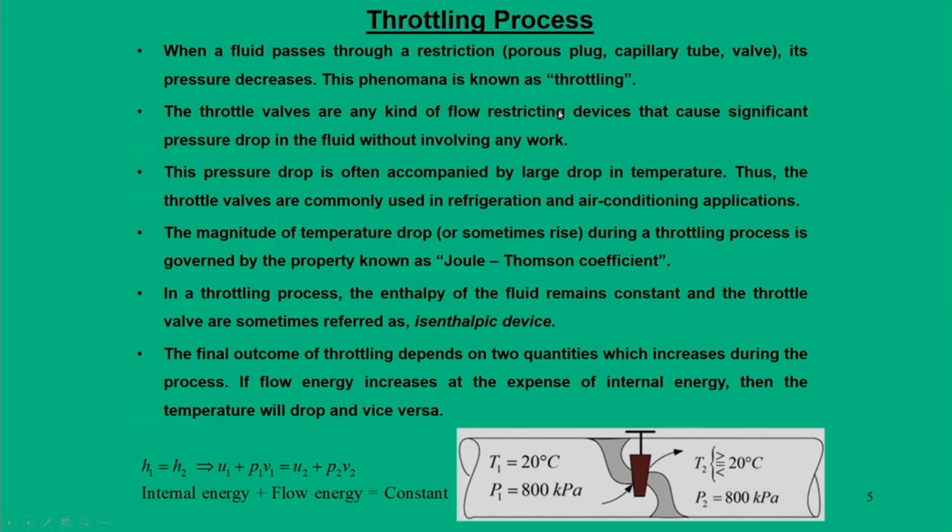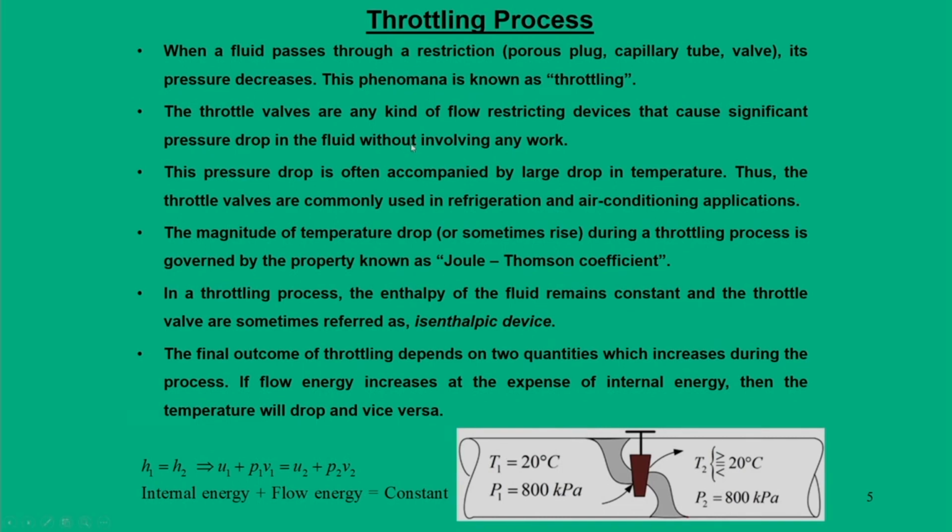But if the process is not isentropic, it is something else, and in this case it is throttling. When you say throttling, we are trying to reduce the pressure, but at what cost, and what parameter remains constant? That is what the throttling process is all about.